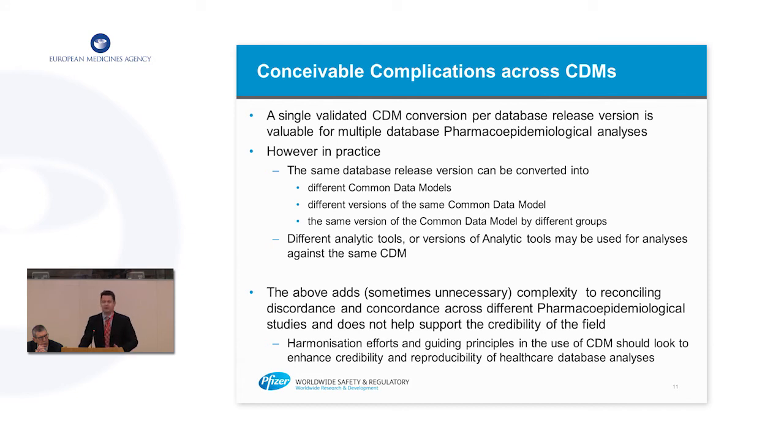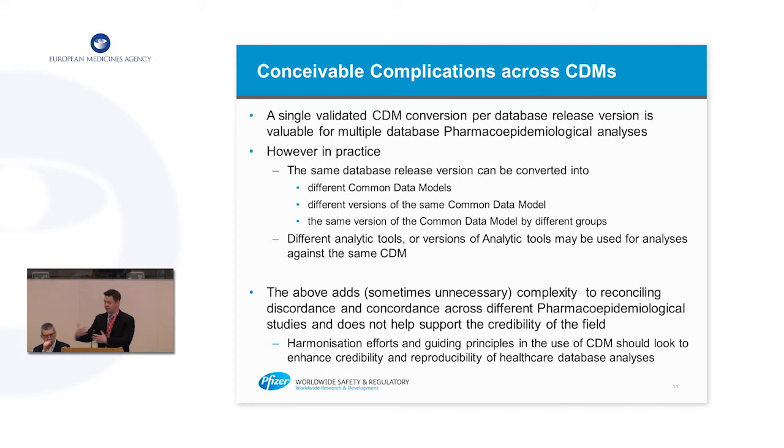And I think this doesn't help us in terms of credibility of the field, the amount of variability in common data model use. And then, as we've talked about today, and I'm going to talk about ecosystems in a moment, we don't just have the common data model as an entity, we have the ecosystem of tools, quality assurance, analytic procedures, etc., that run on the different common data models that themselves change over time.